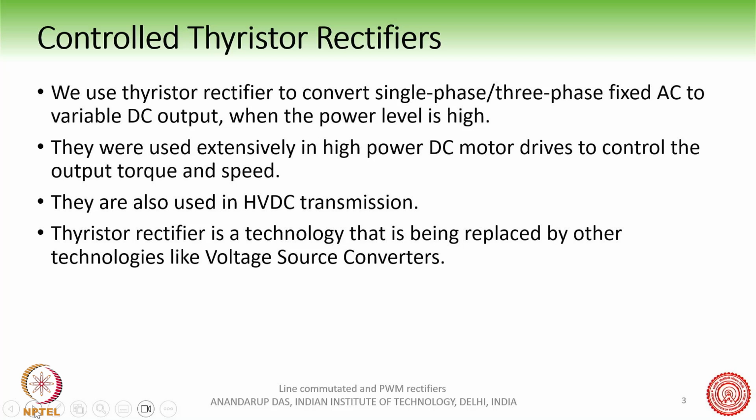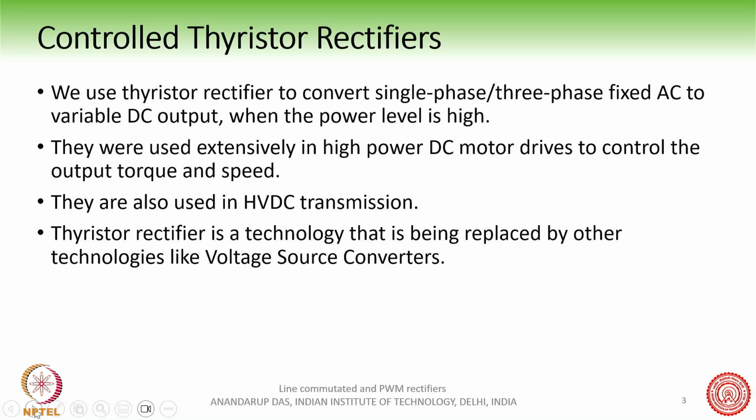But nowadays DC motors have been replaced by induction motors or PMSM, and so thyristor rectifiers are no longer used there. They are still used in high voltage DC transmission, but these rectifiers are slowly being replaced by voltage source converters. In LCC based, line commutated HVDC transmission, we are seeing a transition from LCC to VSC based HVDC transmission.